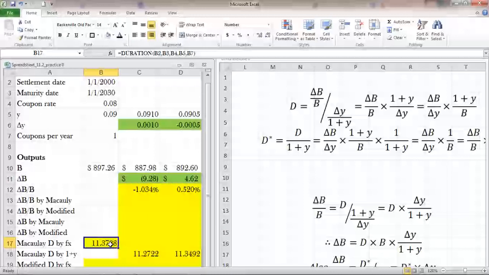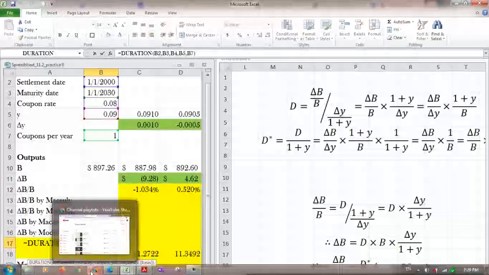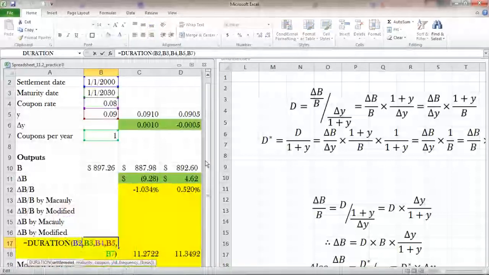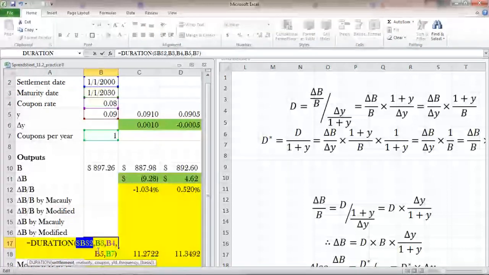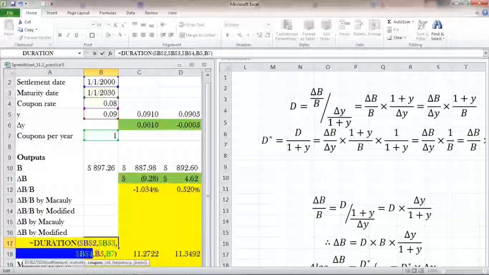And here I would like to lock a couple of things, because these input data like settlement date, hit F4, maturity date, hit F4 to lock, coupon rate, which is B4, all right, lock. These things don't change. B5, it will need to change, right?